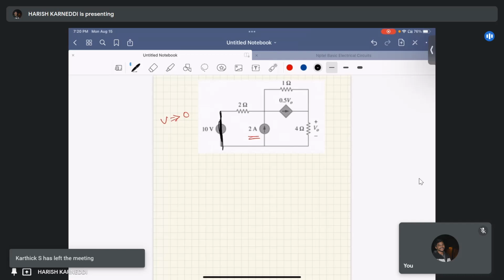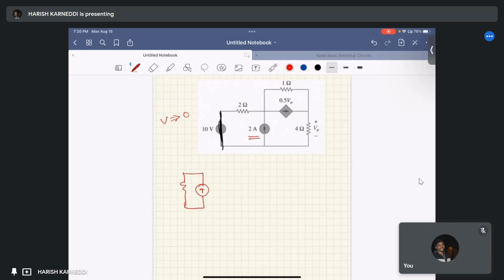Now we can apply the source transformation technique. In this case, it is like this: the 2 ampere current source with 2 ohm resistor.